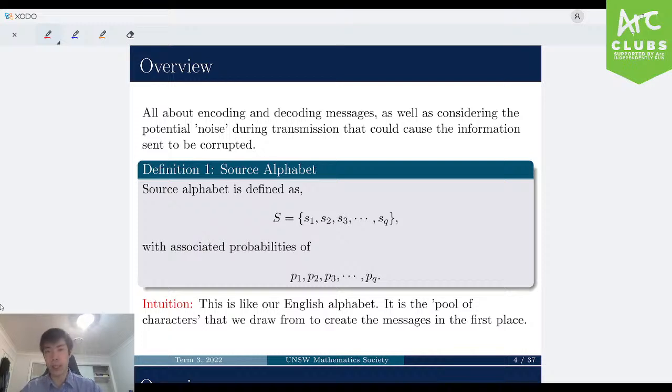So if you want to say, let's say, I want apples, you construct the message out of the letters that come from the 26 letters of the alphabet. That essentially is what the source alphabet is. And the reason for the associated probabilities is the same intuition as in the English alphabet: not every single letter is used equally likely. For example, the vowels may be used a lot more frequently than other letters.